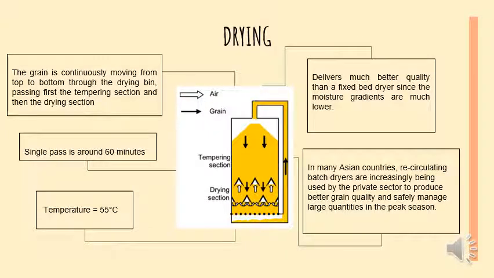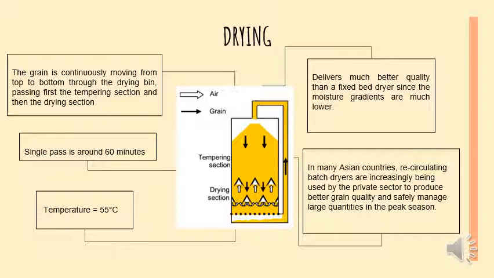For the drying method, we chose the recirculating dryers. This system, which is a mechanical dryer, is used to remove water from the wet grains by forcing either ambient air or heated air through the grain bulk.